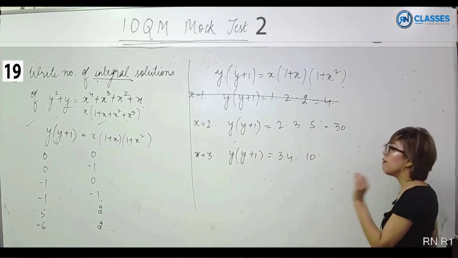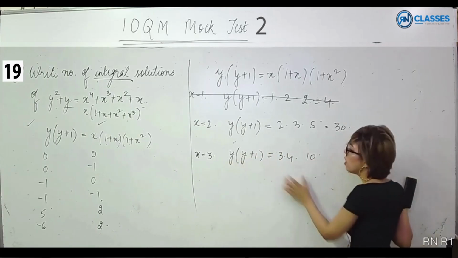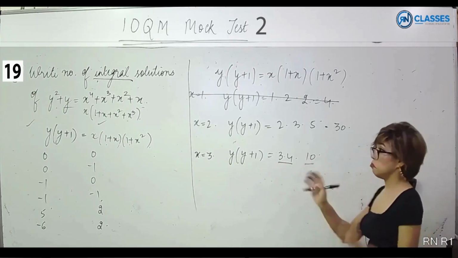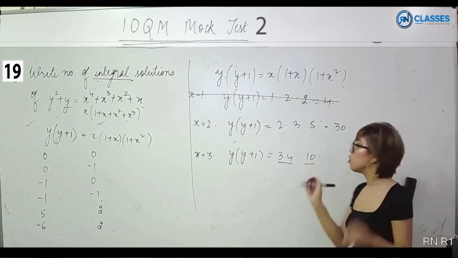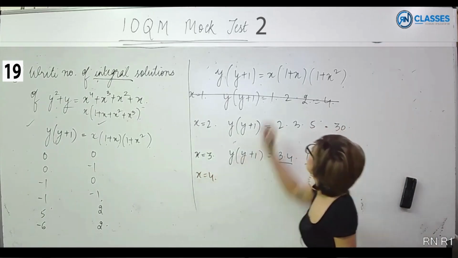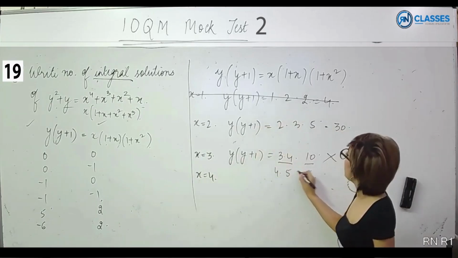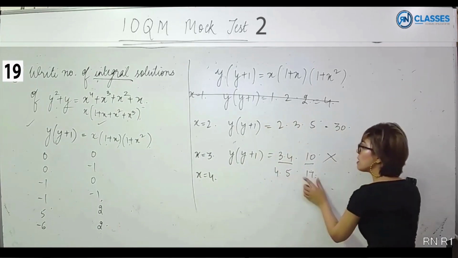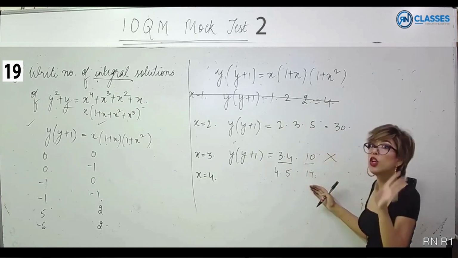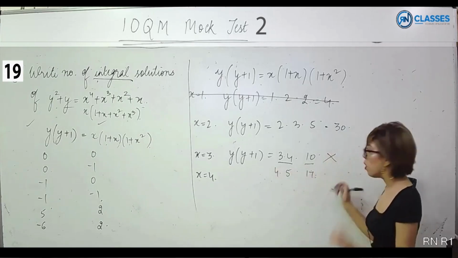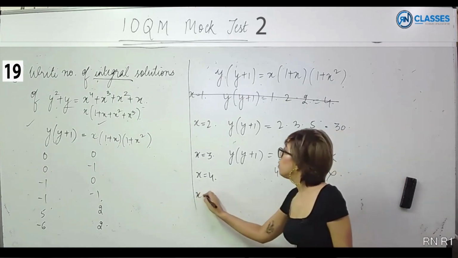Now, if you look carefully, here the numbers are 12 and 10. Not a product of consecutive integers, so I will reject it. Now, when I put x equal to 4, this becomes 4 into 5 into 17. So, this is 20, this is 17. Again, not a product of 2 consecutive integers. In fact, the difference between 20 and 17 is 3. Alright, not the one. x equal to 5.